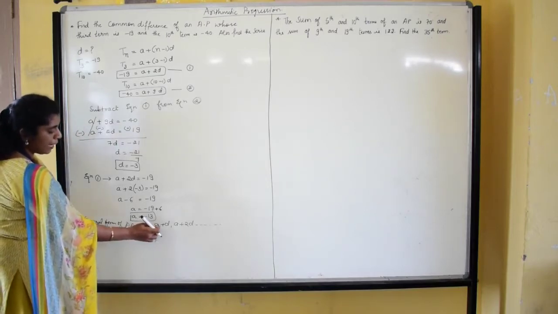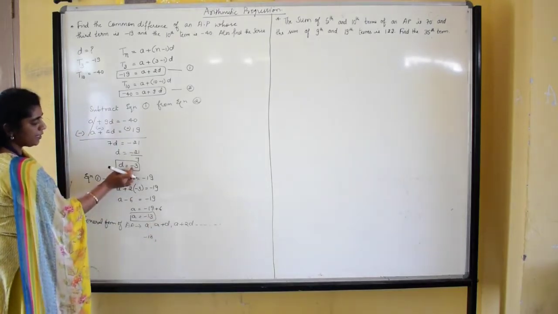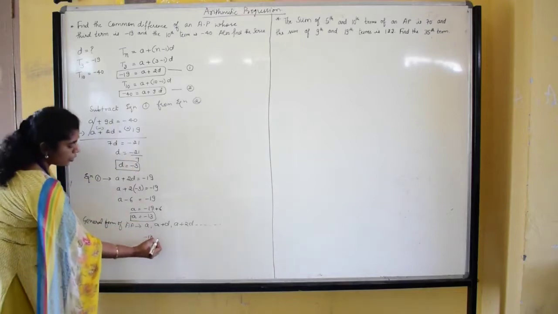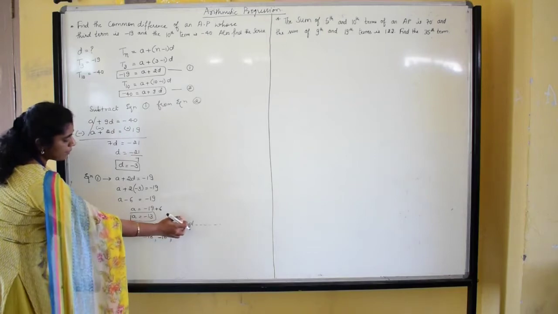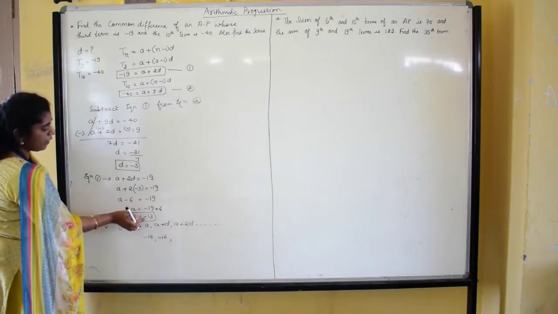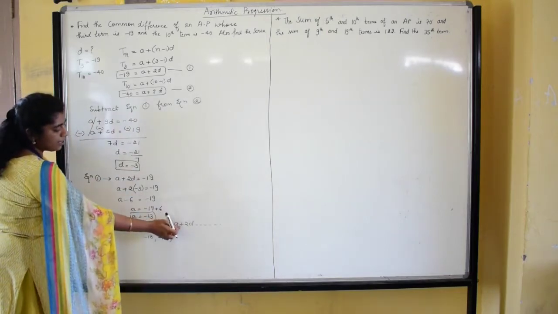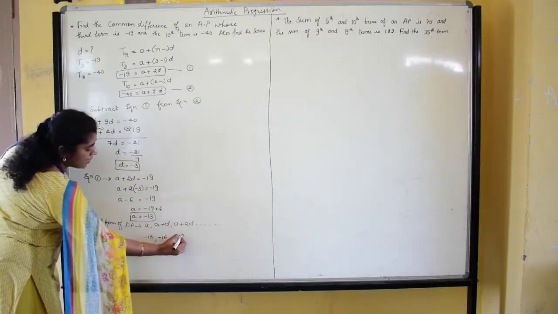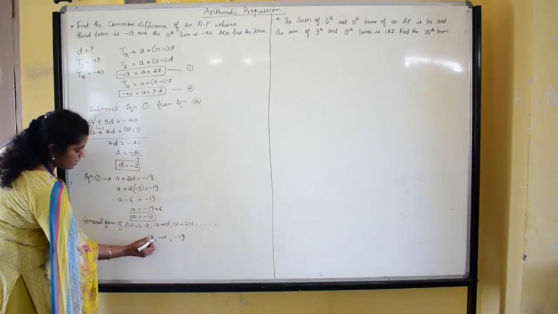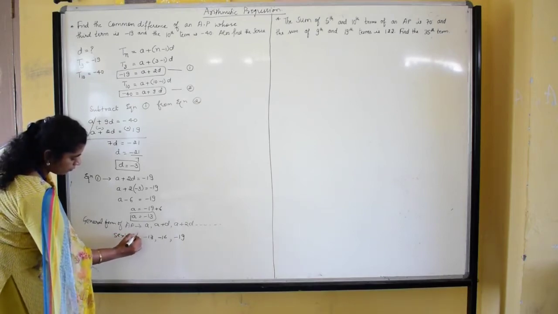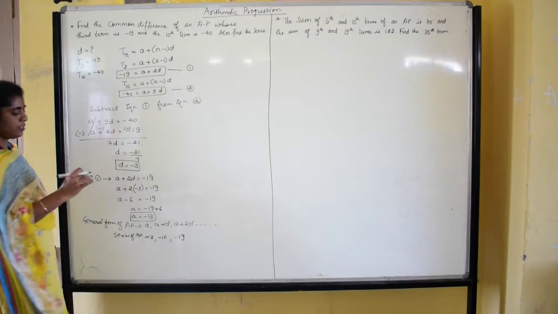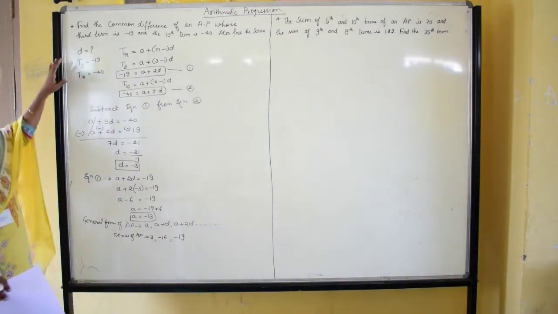Second term A plus D, that is minus 13 minus 3, so you will get minus 16. Third term A plus 2D, if you substitute the values of A and D, you will get minus 19. Therefore, this is the series of the AP. So this is the first problem that I solved.